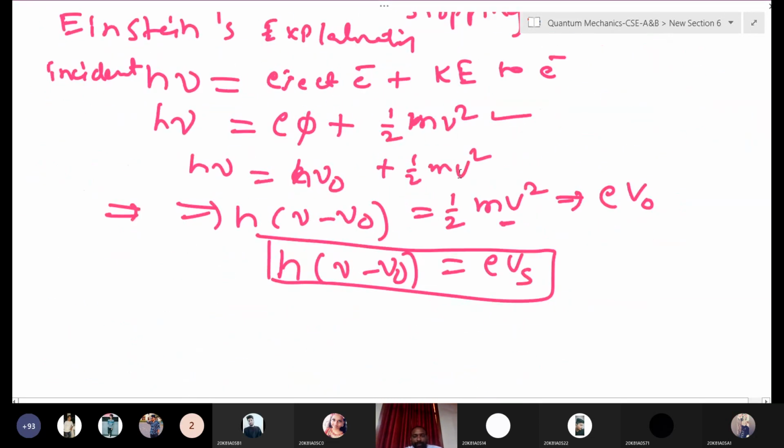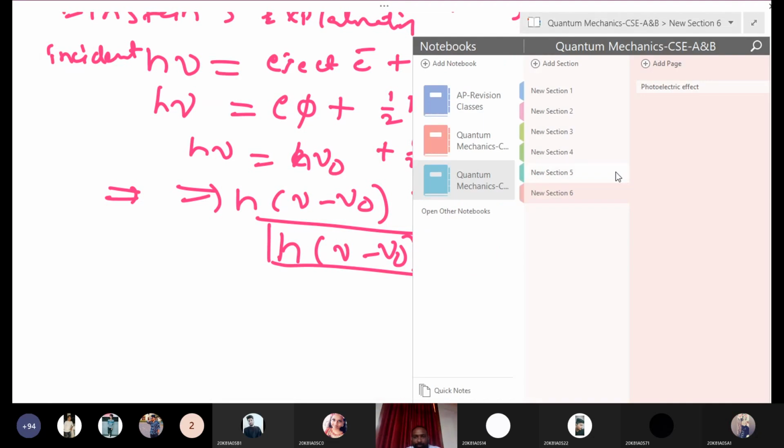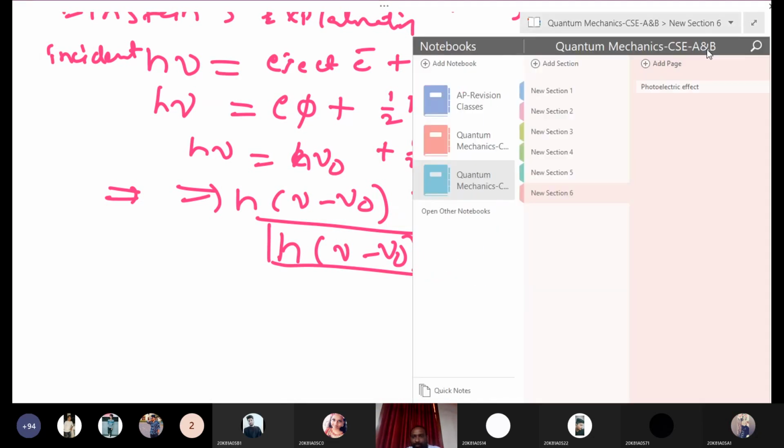So in the equation, the kinetic energy is equal to the potential energy. This is Einstein's photoelectric effect equation. Up to this portion we discussed in yesterday's class. Now we will go to the next session.